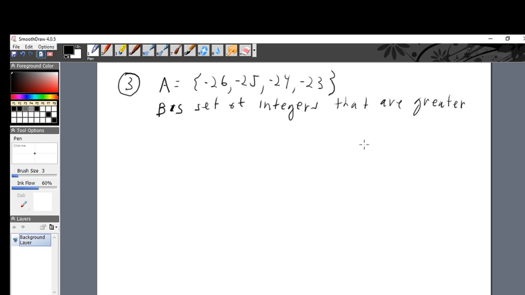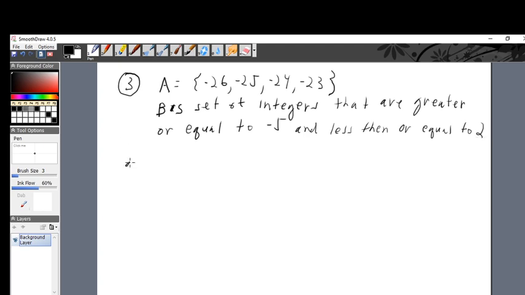I'd rather put just the greater or equal sign, but I'll just do it in English. Okay, here are our questions.